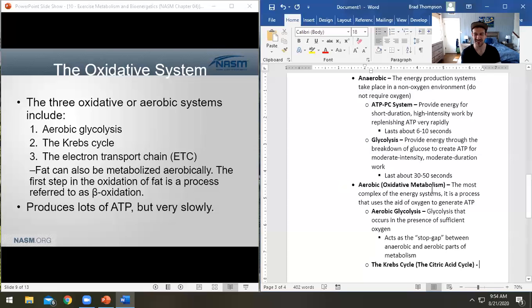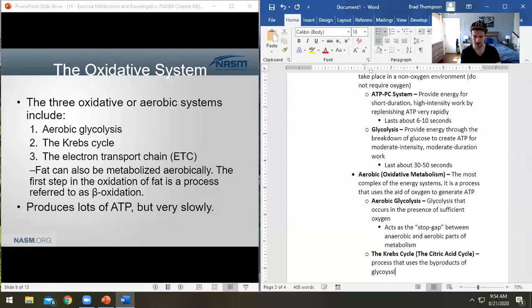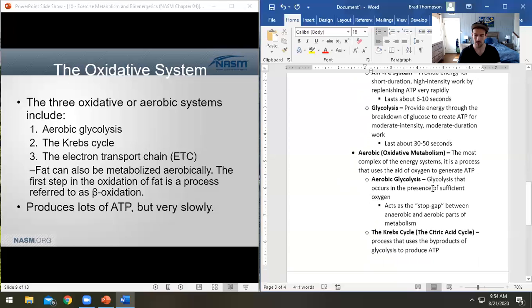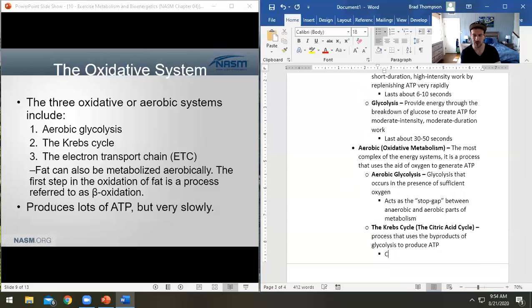And so the citric acid cycle is the process that uses the byproducts of glycolysis to produce ATP, right? And it creates NAD and FAD as byproducts to be used later on in aerobic metabolism.